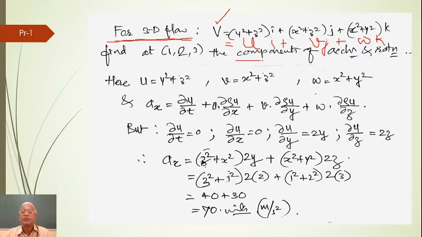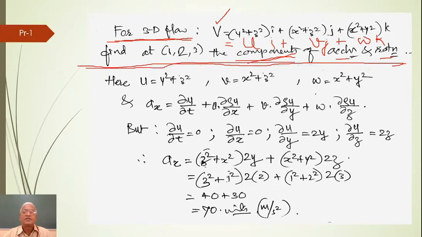So it is asked components of acceleration as well as rotation. Acceleration components are ax, ay, az. Rotational components are omega 1, omega 2, omega 3, or omega x, omega y, omega z. Okay, this is the problem given up to this.